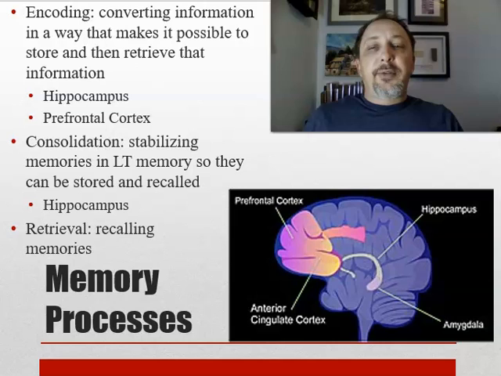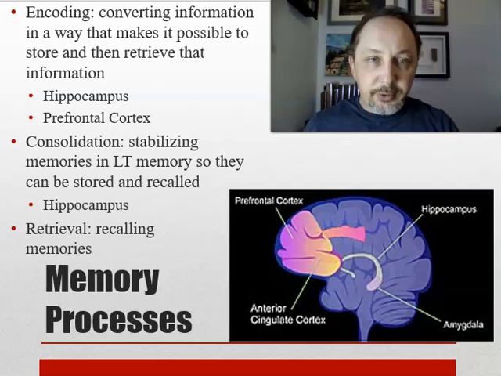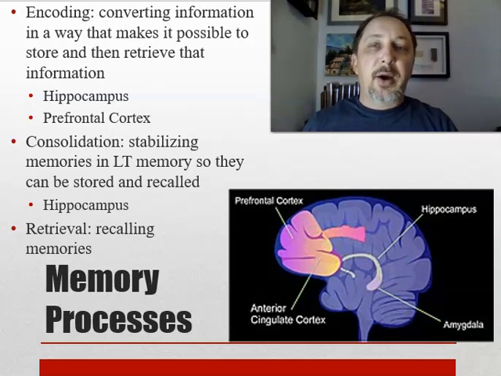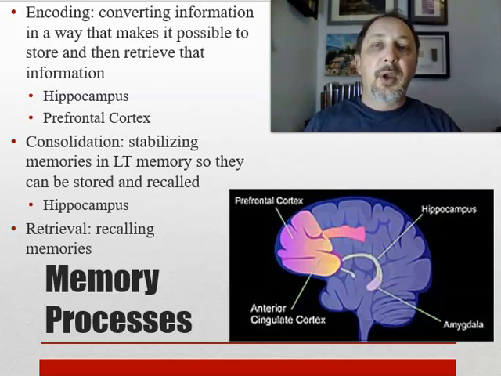Now we look at the processes of long-term memory. Encoding is putting information into a way that we can then store and retrieve it. So this can work for both short-term working and long-term, because it's how you are taking information from your sensory environment and turning it into something that you can understand and process.